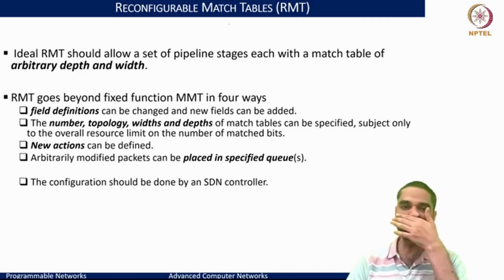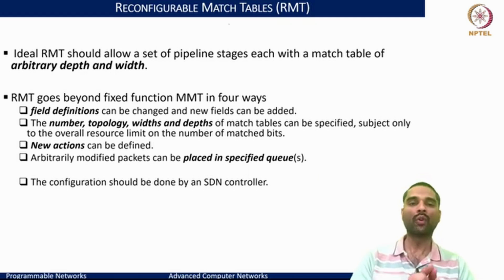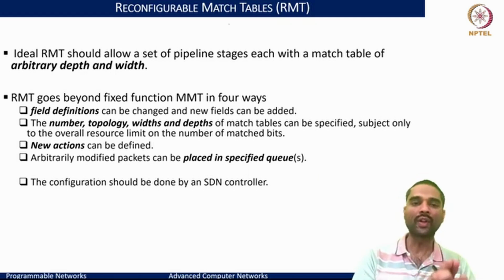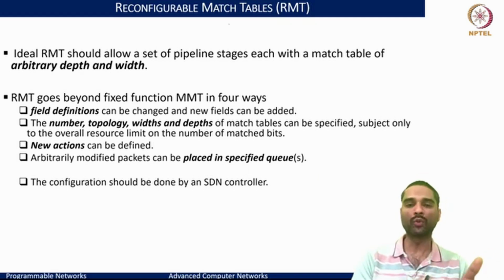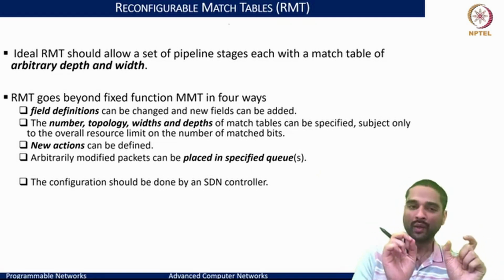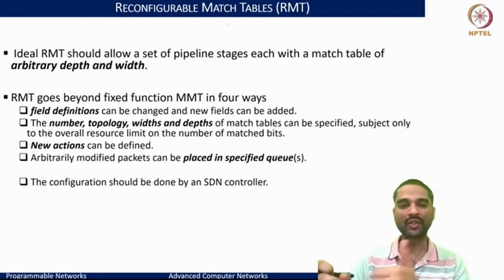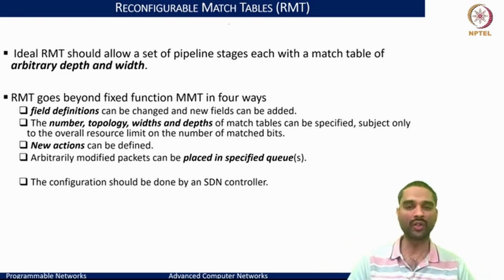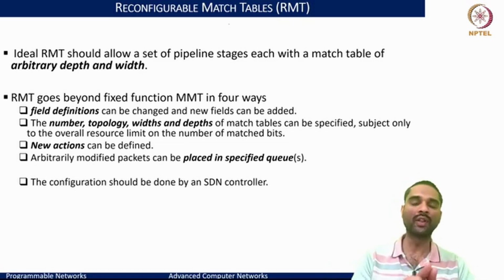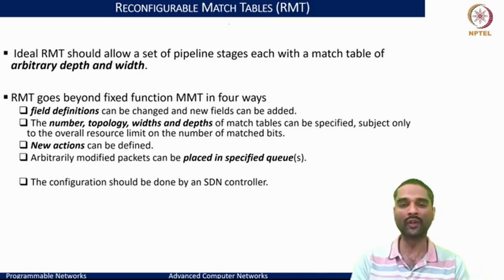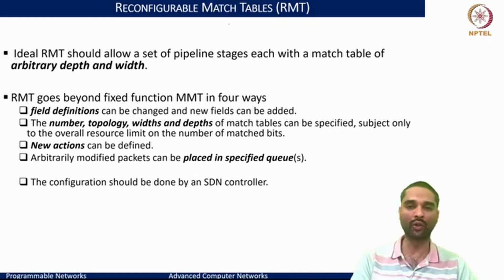And this is the innate characteristic where you want to have the match tables to be configurable. And once they are configured, how this differs from the MMT approach, where multiple match tables were there, is, one, the field definitions for each of the tables in the stages could be changed, and new fields could be supported rather than just the fixed set of fields that the MMT would support, such as layer 2, layer 3 and ACL that we saw in the earlier part.